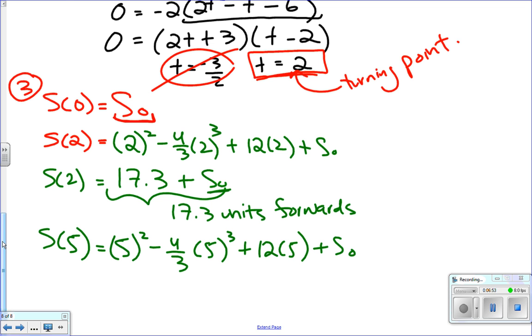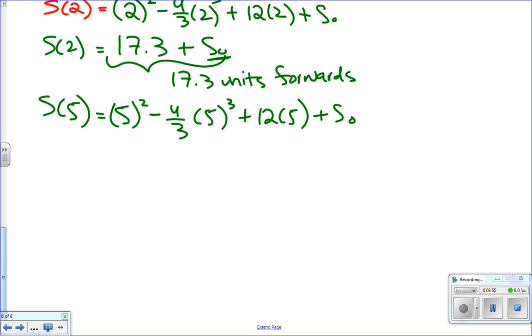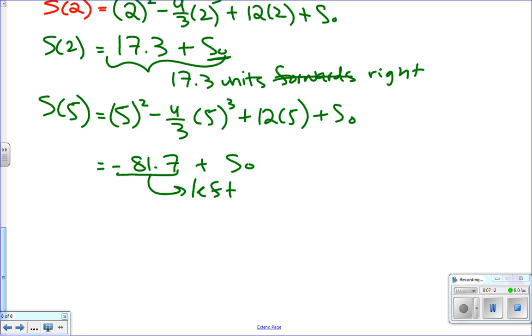Okay, and if I calculate this correctly here, you're going to get negative 81.7 plus s naught. So since it's negative, this means it's going to be, I should say left. Actually, left is a better word here, and then up here I'll put right. So it's going to be left 81.7 units from the initial position, so s naught.